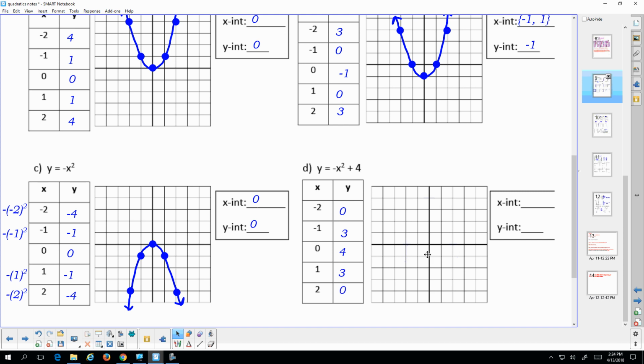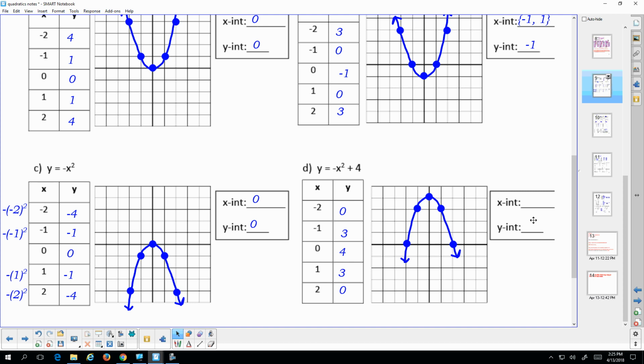And now I'm going to plot this. So I have -2, 0. -1, 3, 0, 4, 1, 3, and 2, 0. And now I connect them, and look, we have that upside down looking U shape.